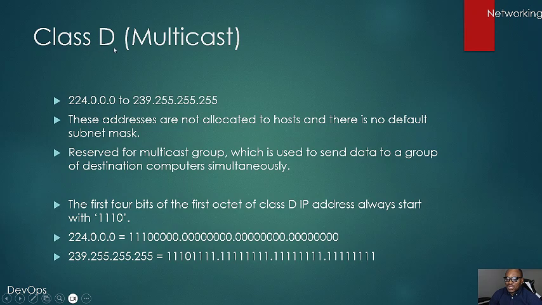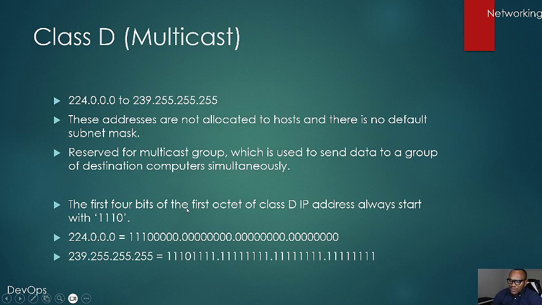So we also have the Class D IP address range, which is used for multicast. It is the multicast group, and it ranges from 224.0.0.0 to 239.255.255.255. And these addresses are not allocated to hosts, and there is no default subnet mask. They are reserved for the multicast group, and they are used to send data to a group of destination computers simultaneously.